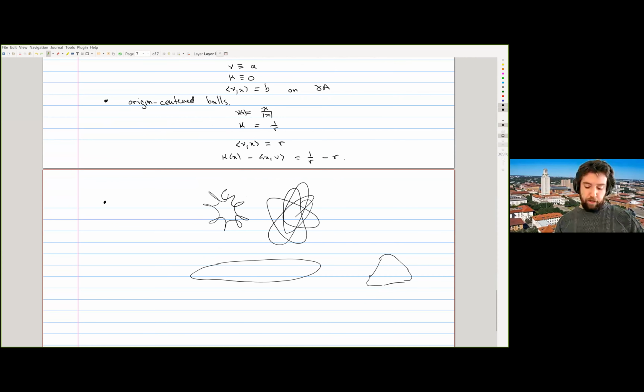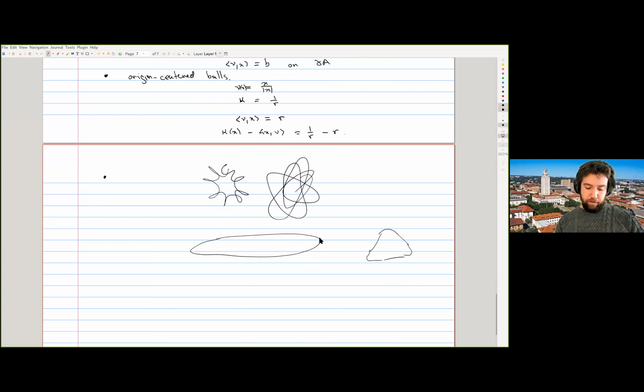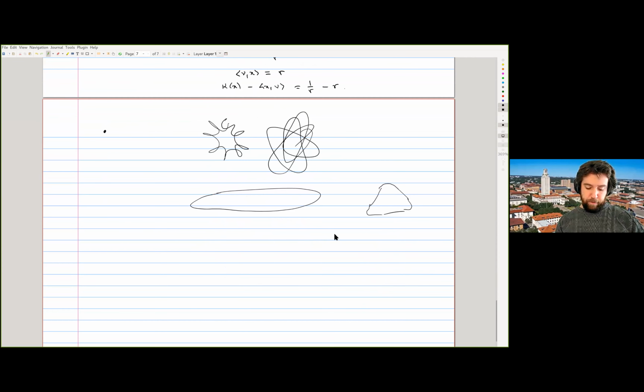And in fact, you can get curves which look like rounded n-gons for any n. Maybe I can dare to try and draw a rounded hexagon. Okay, that's a terrible rounded hexagon. I shouldn't have.